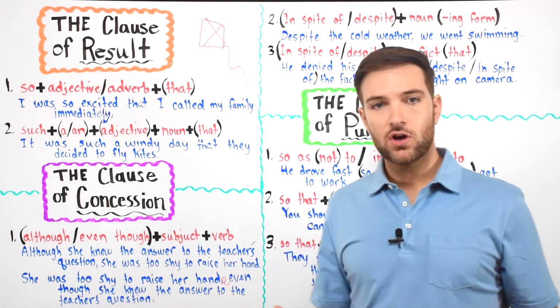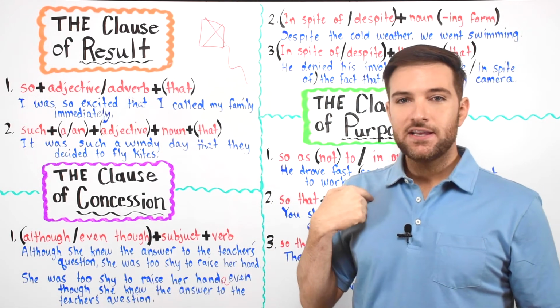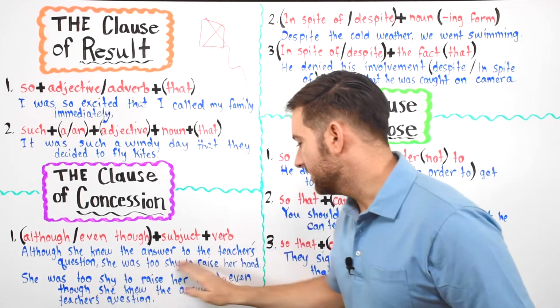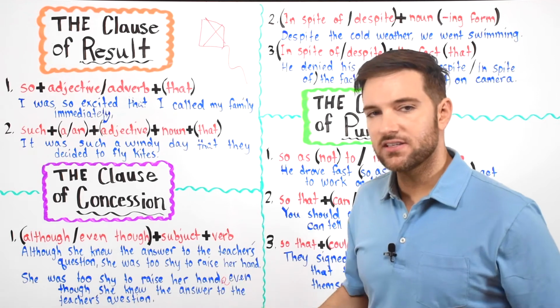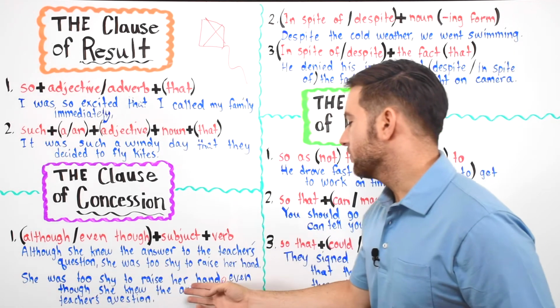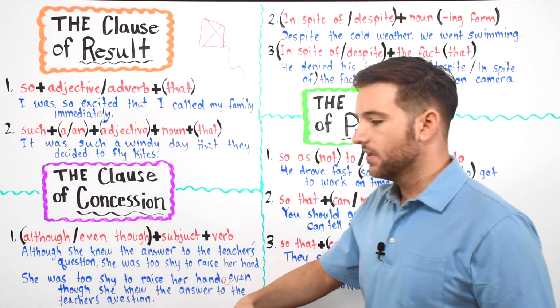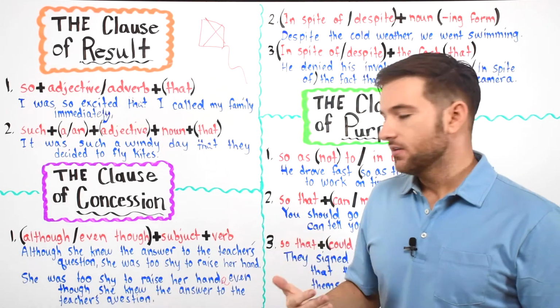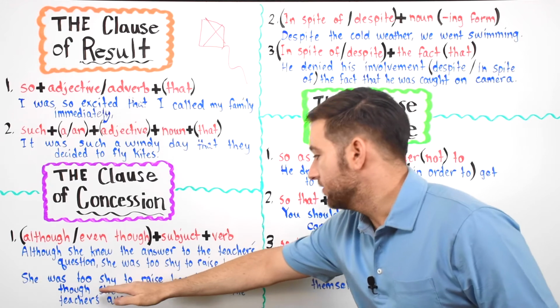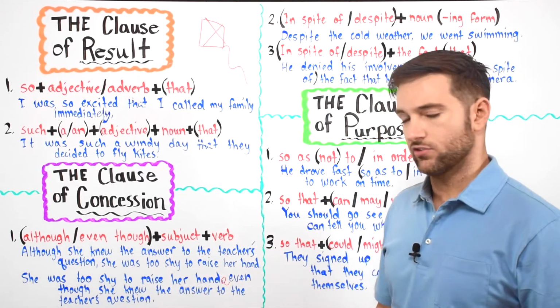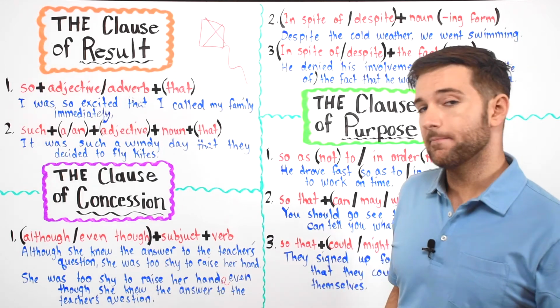But in informal conversations, I normally hear people say even though more when it's in the middle. You can say it too. She was too shy to raise her hand, although she knew the answer to the teacher's question. But I think more often I hear she was too shy to raise her hand, even though she knew the answer to the teacher's question. I think that sounds better, okay?